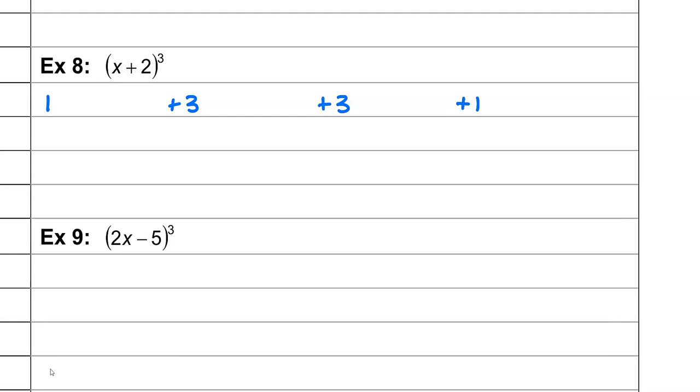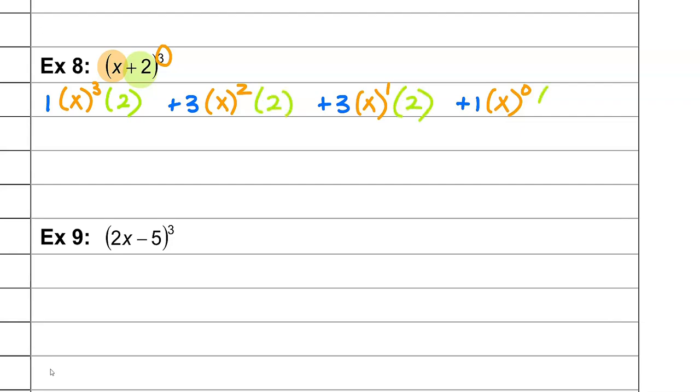Then I'm going to multiply all of them by the first term, which is the x. So x, x, x, x, and you raise the first one to the third power and count down 2, 1, and 0. Then I'm going to multiply all of those by the second term, which is the positive 2. All of them multiplied by 2, and you raise those to powers also, starting at the lowest, 0, and counting up to the highest, which will be 3. Are you guys okay with that?